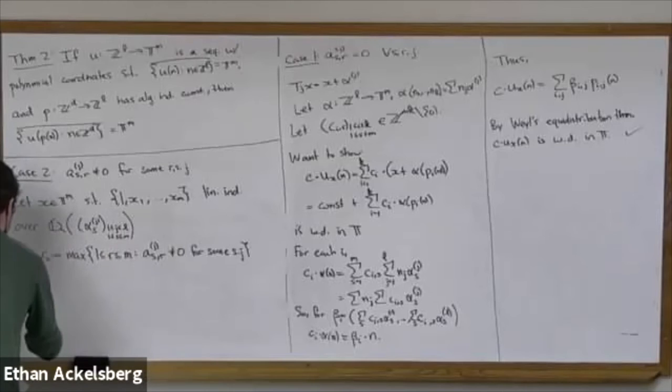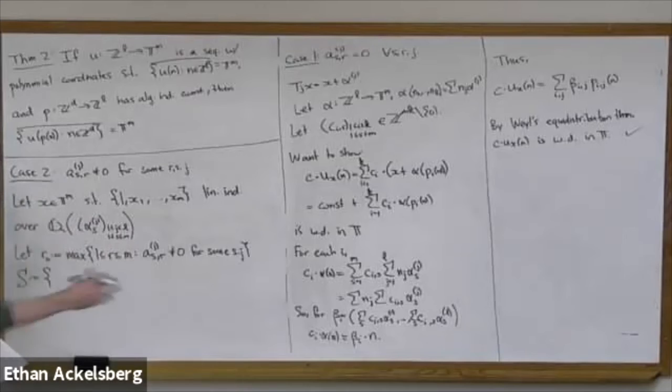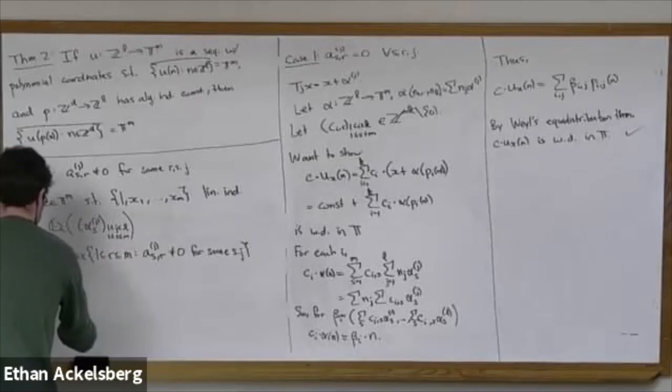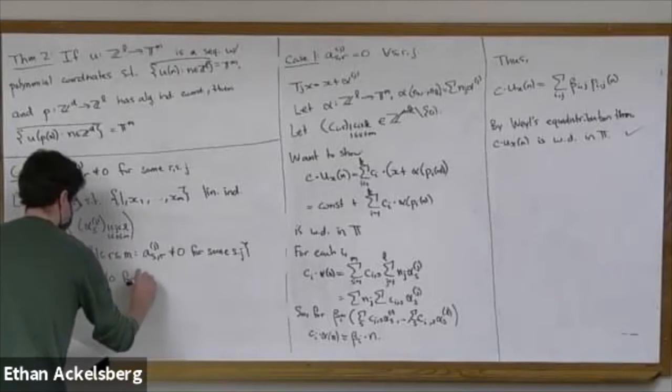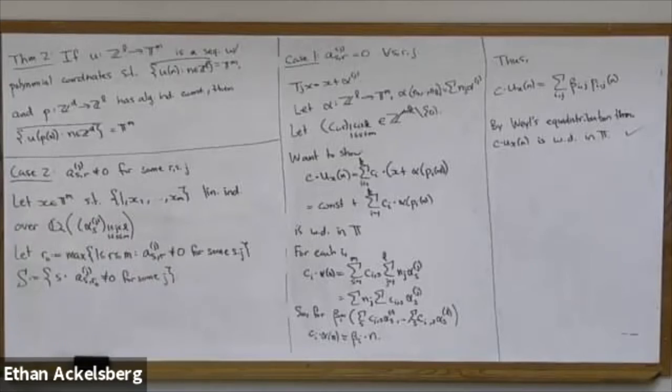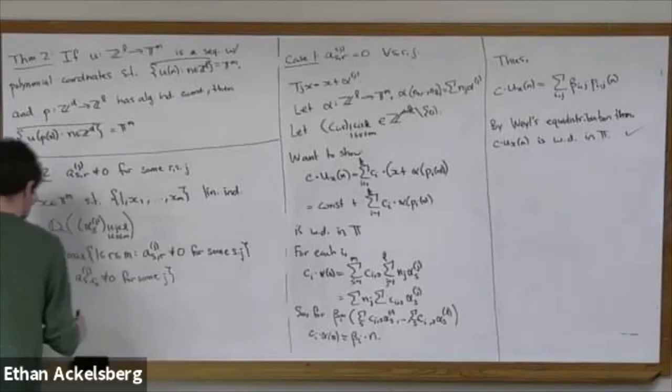And then I'm going to let capital S be the set of coordinates that refer to the R0 coordinate. These are all the s's such that a_sR0j is non-zero for some j. Okay, and so by assumption, this is a non-empty set. And then just some notation.